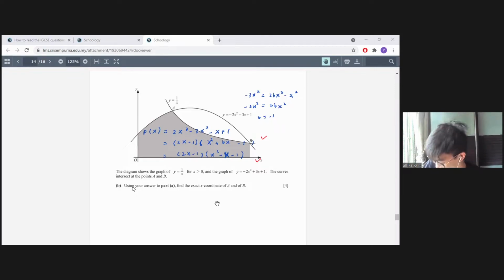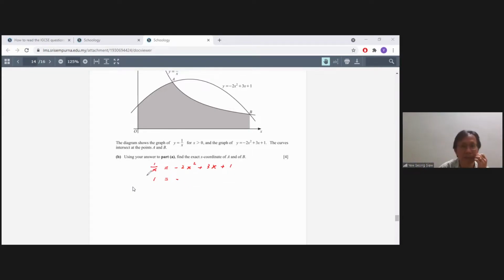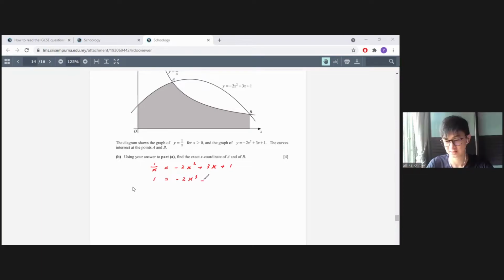You equate the two y's. So 1 over x equals negative x squared plus 3x plus 1. Bring over the x to this side there.